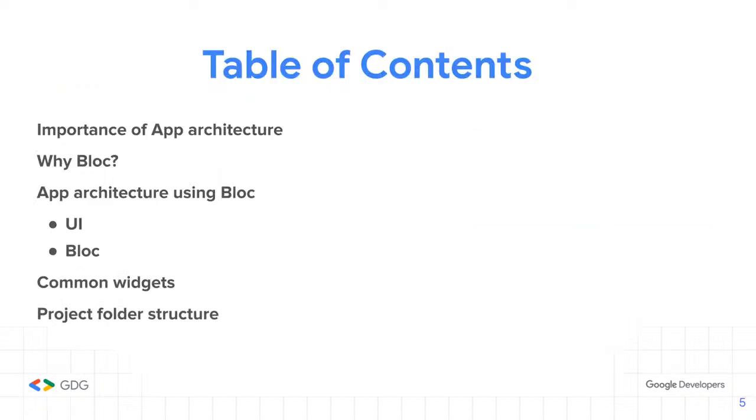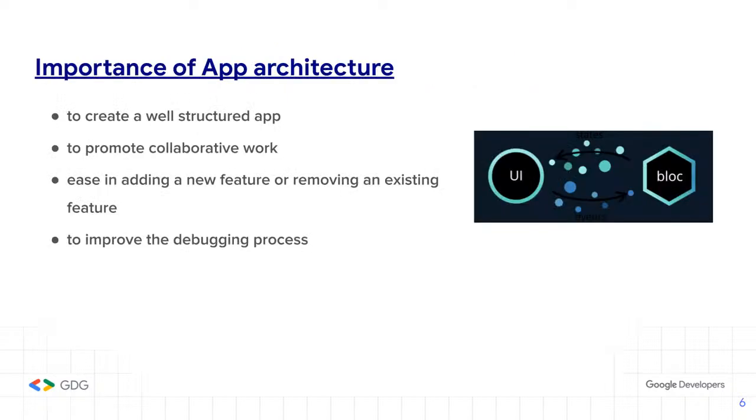And some of the common widgets, like the common widget concept is also an extremely important concept that I will be discussing today. And finally, I will also be talking about the project folder structure. So you can also have your own project folder structures. So I will be sharing mine with you, and you can also share your project folder structure in the chat box. So let us begin with the importance of app architecture.